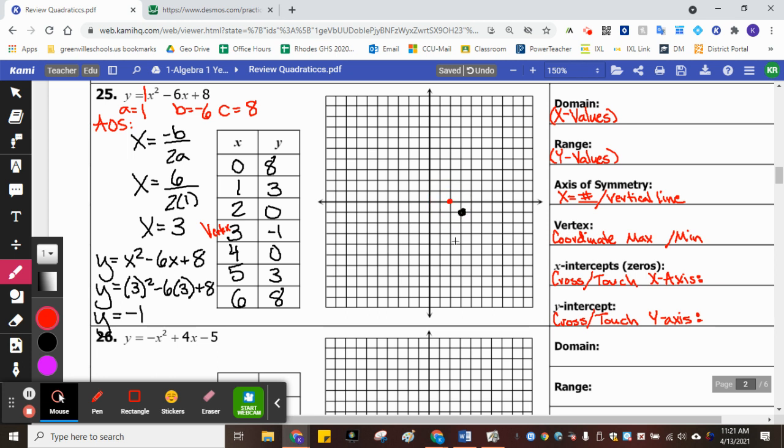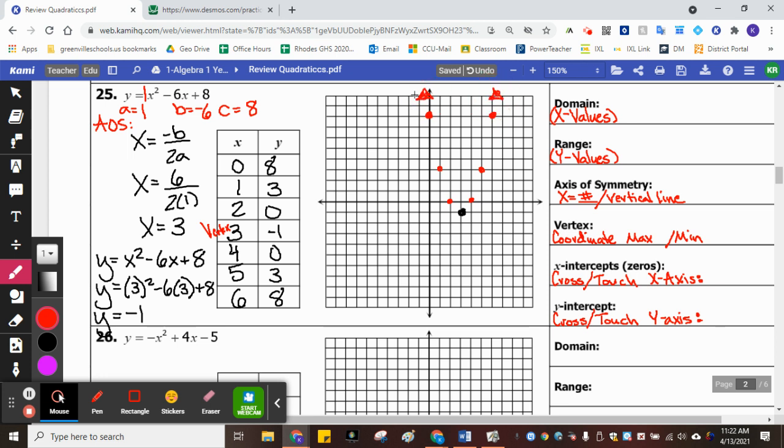So then I have 2, 0, 4, 0, 1, 3, 5, 3, 0, 8, 6, 8. And there is your parabola.